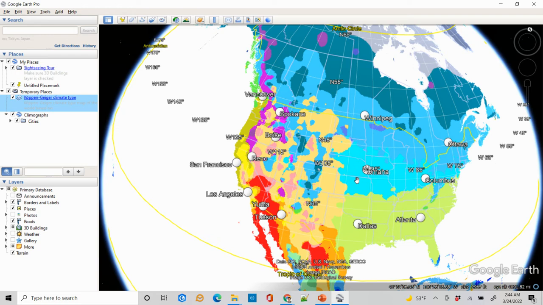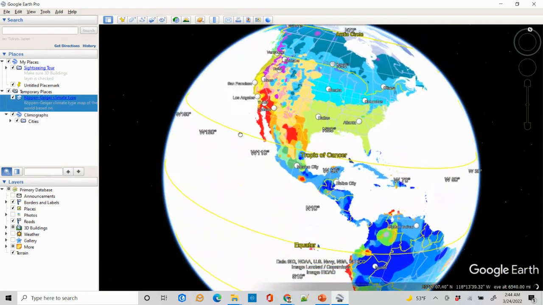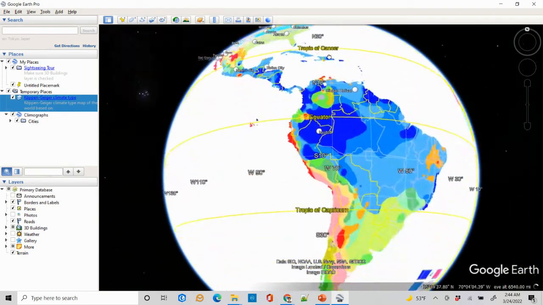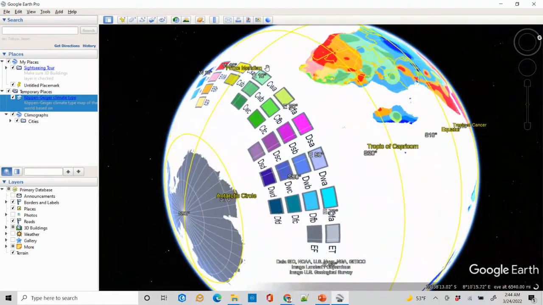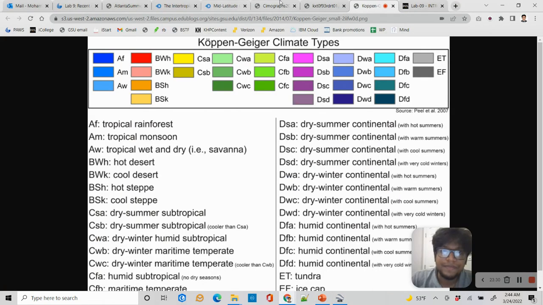Omaha is in the light bluish region, right? So I believe this is light blue. Let's see what the name of this color is in the bottom. Light blue, yeah. So that is Dfa. What is the name of Dfa?